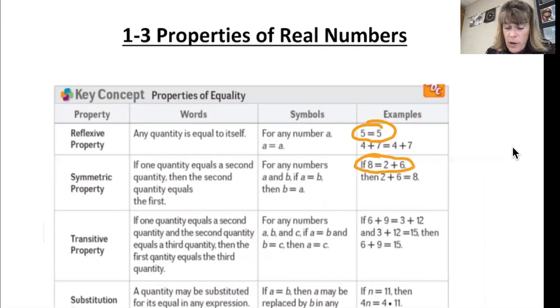So the transitive property says that if one quantity equals a second quantity and the second quantity equals a third quantity, then the first quantity equals the third quantity, okay? So if one quantity equals another quantity, and the second quantity equals a third, then they equal each other. All of them equal each other.